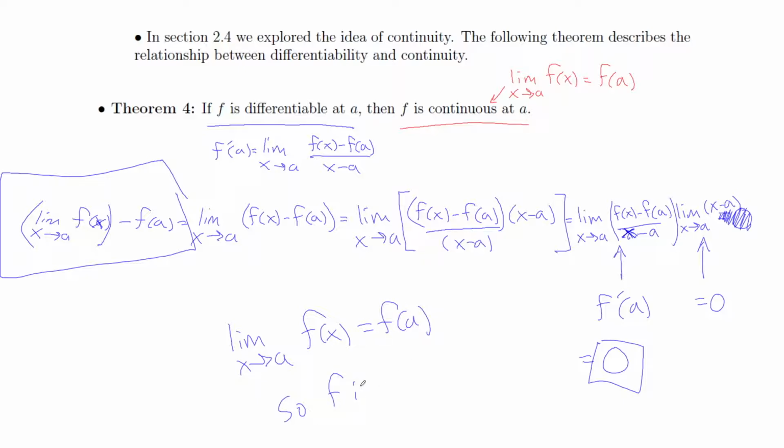And so f is continuous. That's just a little proof, and certainly on this first exam, you're not doing 2.7 anyway, and I'm not going to be asking you to prove theorems like this at this point, but it's good to start getting some exposure to some of this stuff.